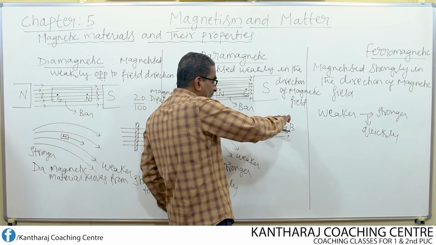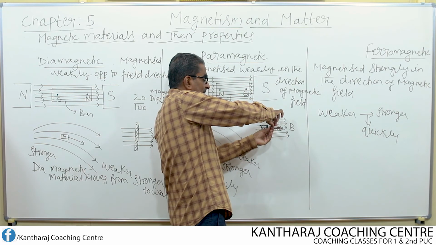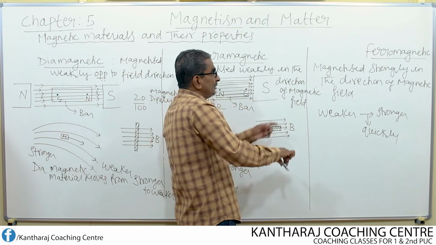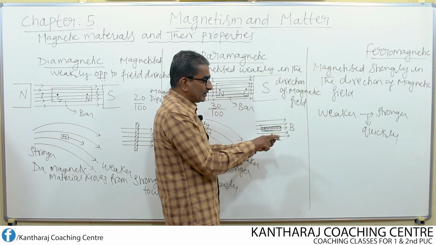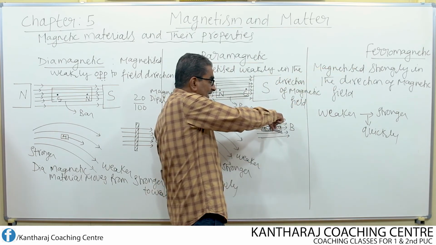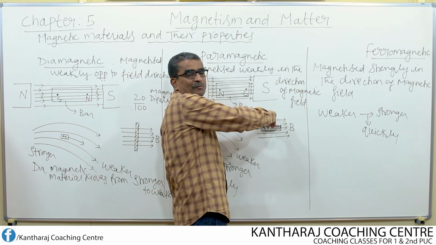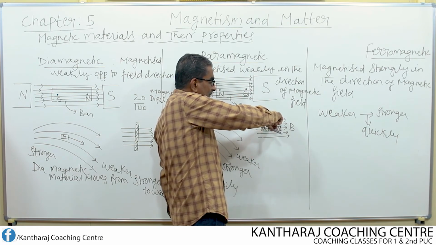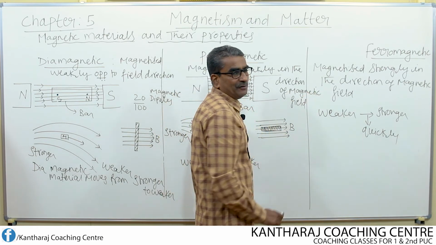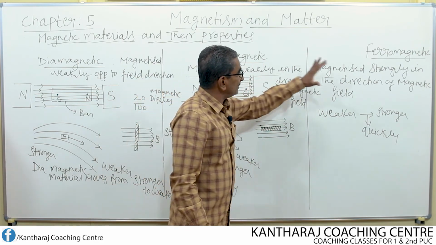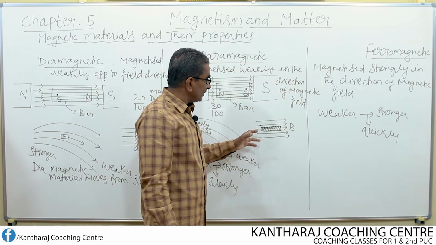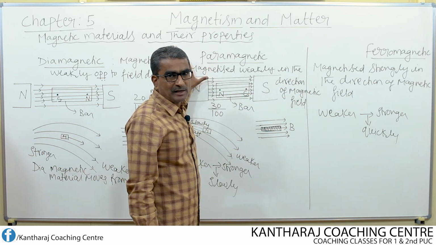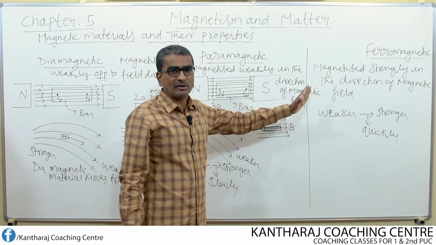But the only thing is, paramagnetic material, if the initial position is this, slowly aligns in the direction of magnetic field. If it is a ferromagnetic material, if I suspend this, then quickly it aligns along the direction of magnetic field. If it is paramagnetic, slowly it aligns; if it is ferromagnetic, quickly it aligns in the direction of magnetic field. That's the difference between this and this. That's what I told at the beginning, that ferromagnetic material exhibits almost all the properties of paramagnetic materials, but it exhibits those properties strongly.